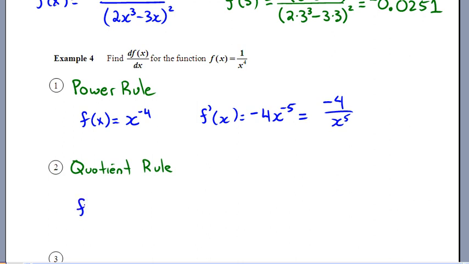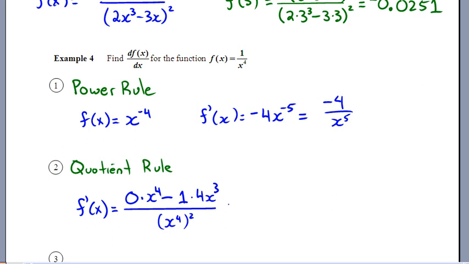The derivative would be derivative of the top, well, the derivative of 1 right there would be 0. So 0 times the bottom, left alone, minus, leave the top, derivative of the bottom, all sitting on top of the bottom of your fraction squared.